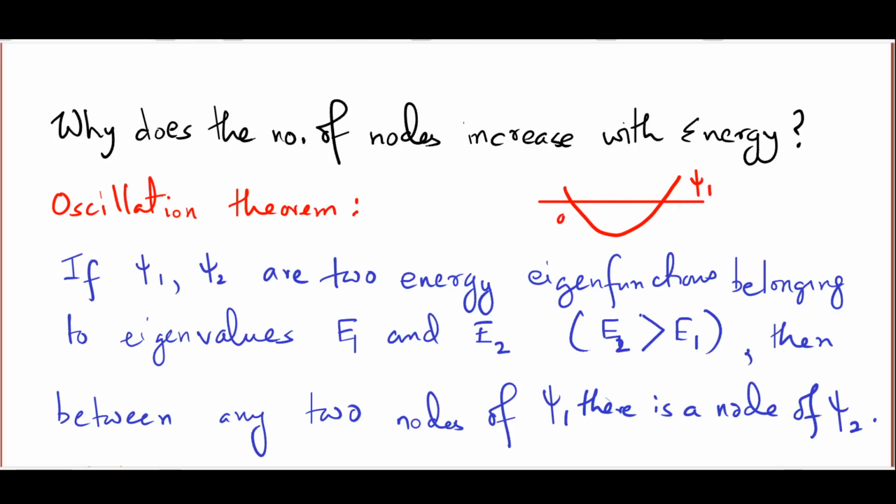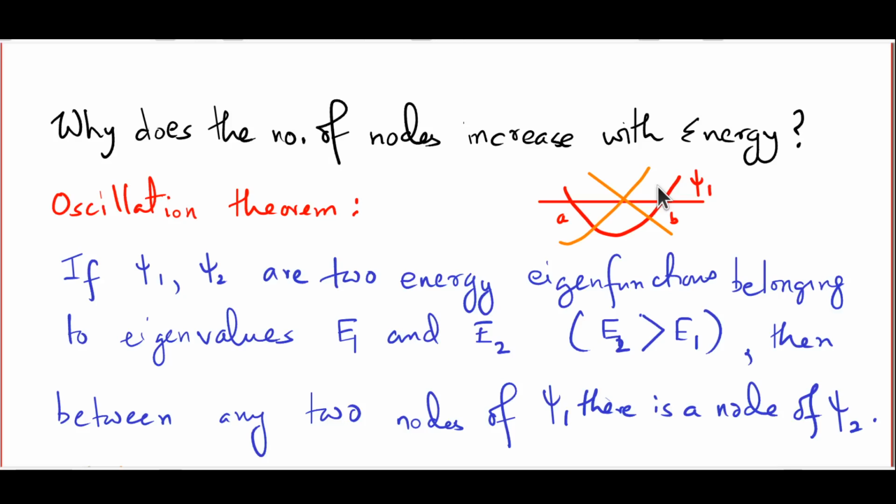So let's say there are nodes at the points A and B. What we are claiming is that psi2, which is the wave function corresponding to the higher energy, must have a node somewhere in between, must cross the 0 somewhere in between, either going from top to bottom or going from bottom to top. But there has to be a 0 crossing somewhere in between A and B. That is what the oscillation theorem tells me.